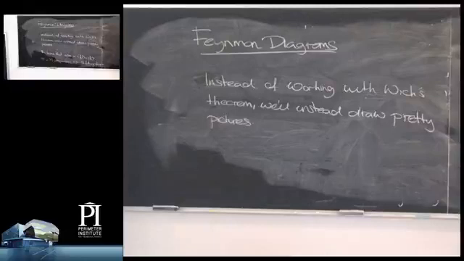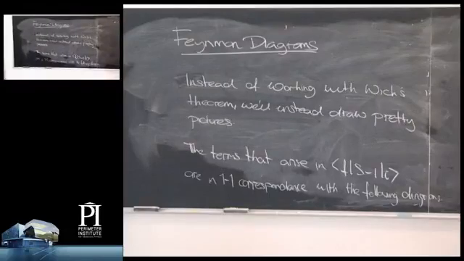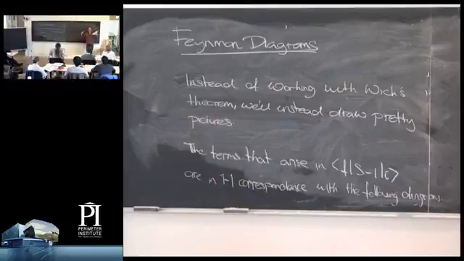The kind of process that we're interested in is some number of particles in the initial state and some number of particles in the final state. So for every particle in the initial or final state, we're going to draw an external line, by which we mean a line that, if you like, you can draw out to infinity. So draw an external line for each particle in the initial and the final state.